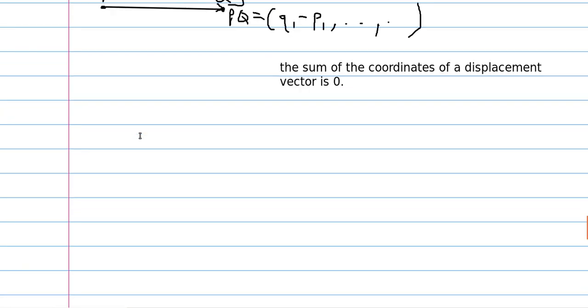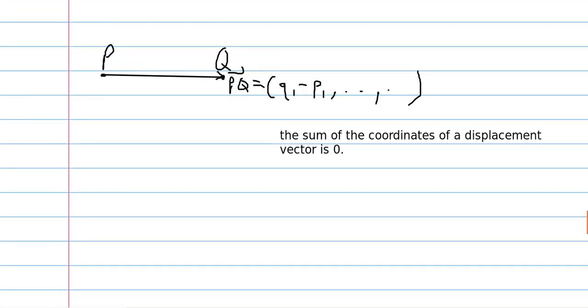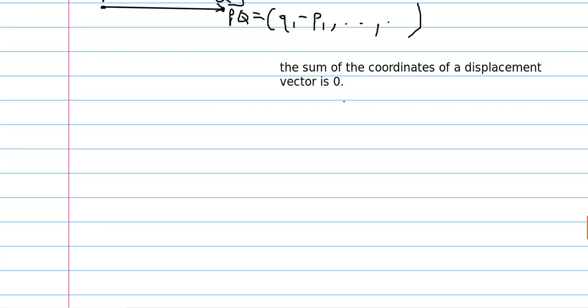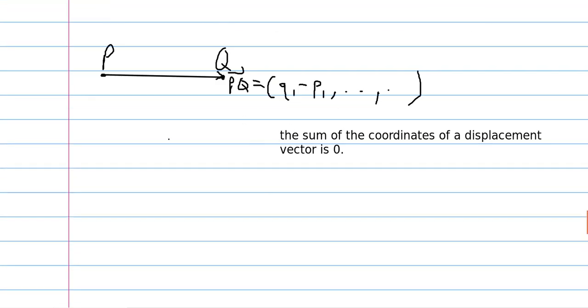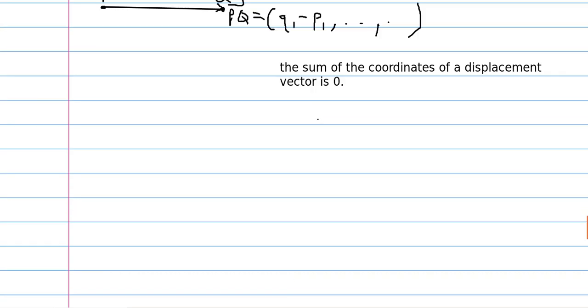Now, I'm going to be using the vector properties that I showed in part 0. So if it seems like I'm pulling anything out of nowhere, just go and watch that video where I prove the things I use.